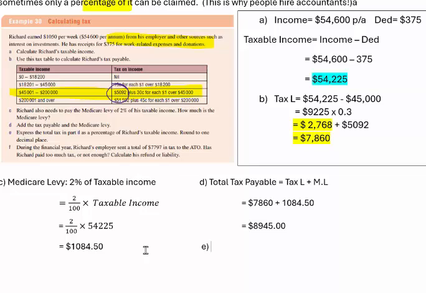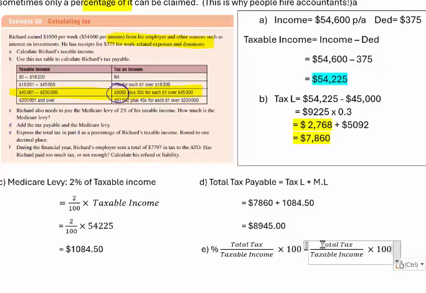E says express it as a percentage. So the percentage is going to be total tax over taxable income, times 100. Make sure you read the question because it might be the other way around. Then we sub in the values.